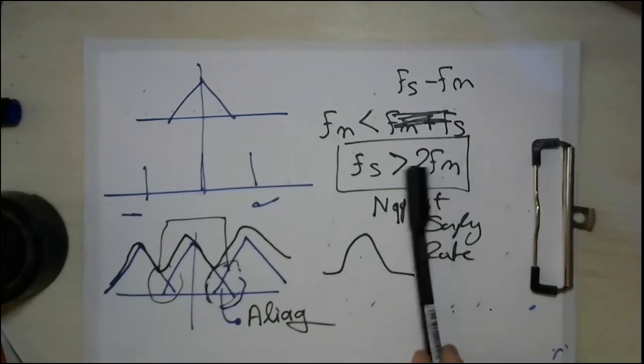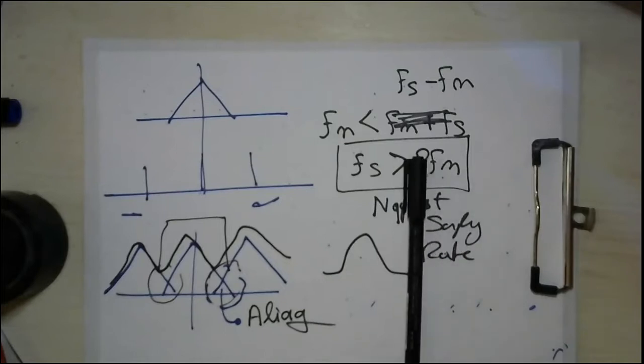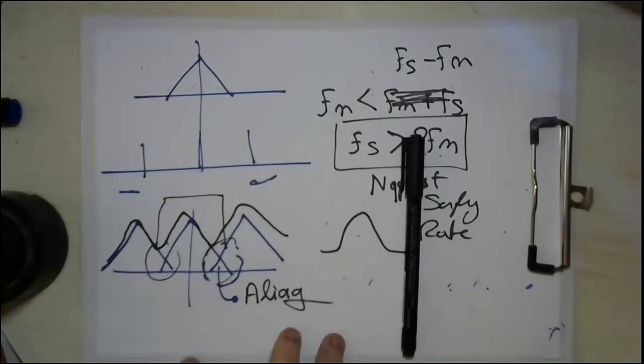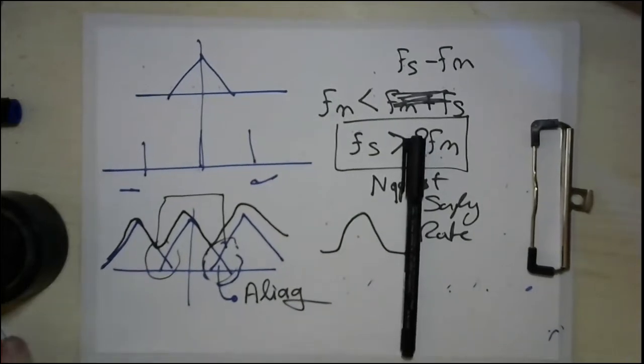If you use a sampling frequency less than this value, you will not be able to restore your original signal. This is very important to know for a sampling process. Okay, perfect.